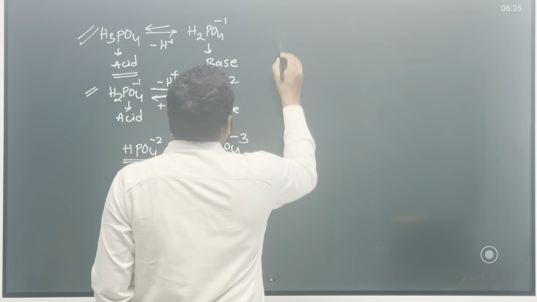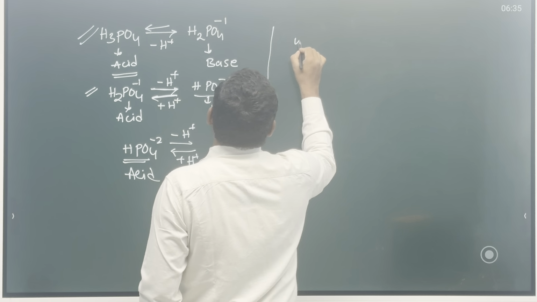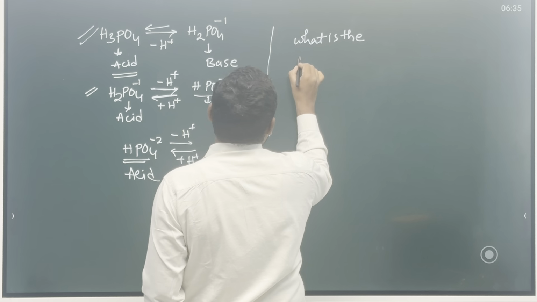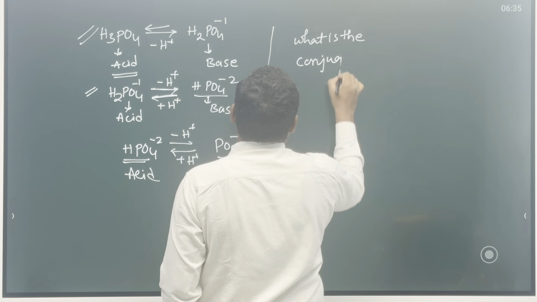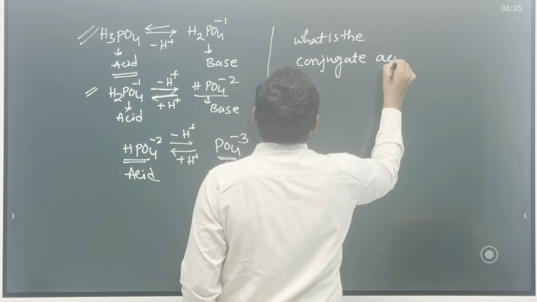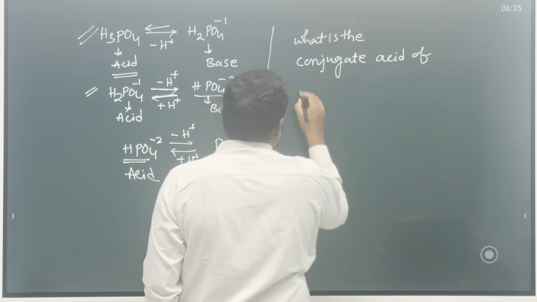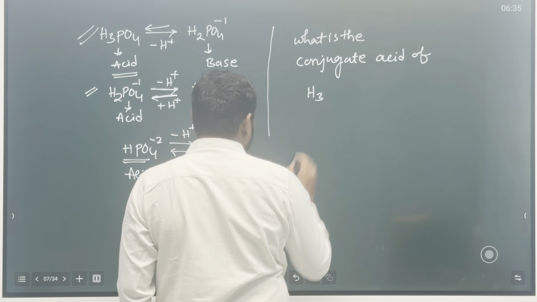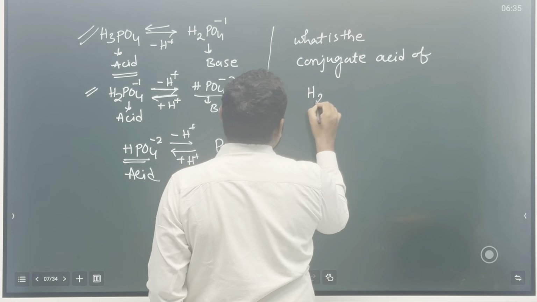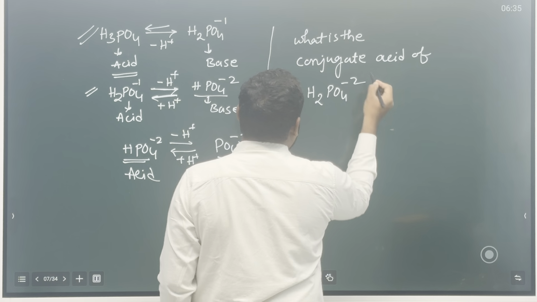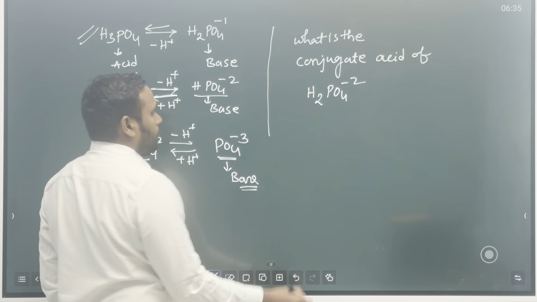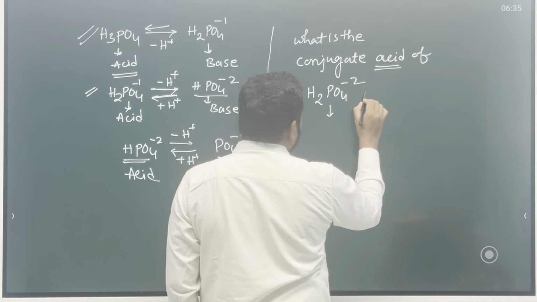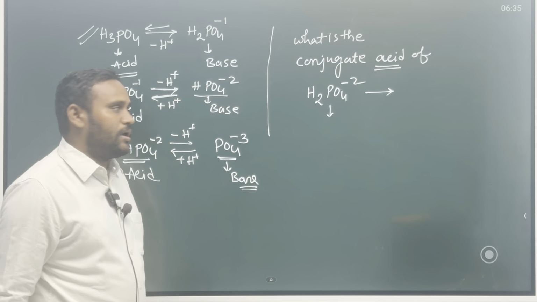See, for example, what is the conjugate acid of H2PO4 minus? Now we know they are asking about the conjugate acid, which means acid and base should have only one proton difference.